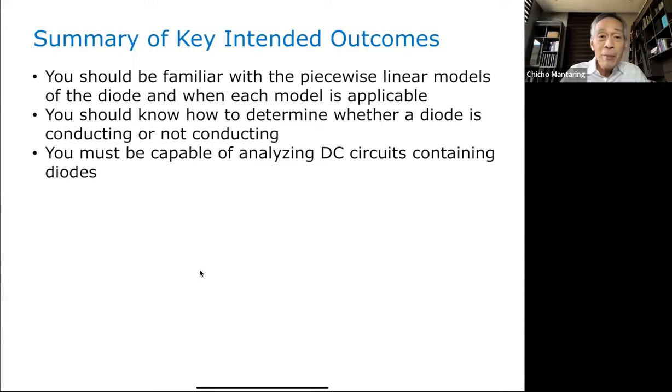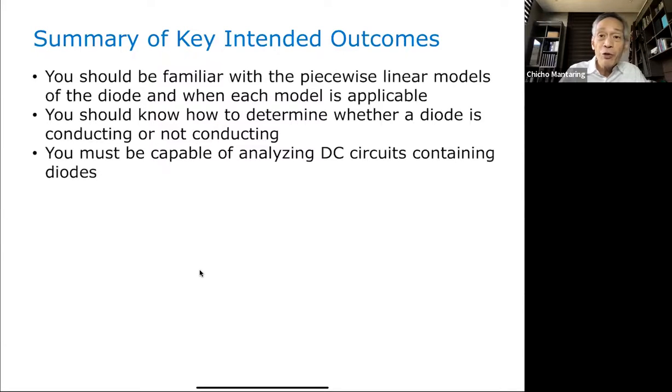Okay. Then you have to be able to determine whether a diode is conducting or not conducting. And I showed you two methods for doing that. One, the starting assumption is it is conducting, and you replace the diode with its conducting model. And the second, the starting assumption that it is not conducting, and you replace it with an open circuit.